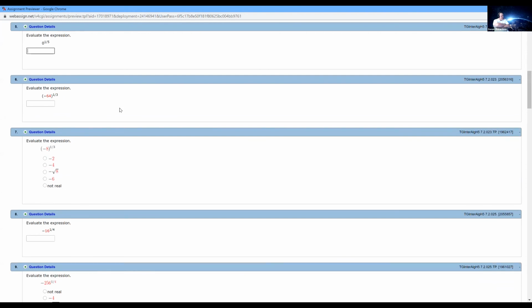0 to the power of 1/5. Well, isn't that the 5th root of 0? What's the 5th root of 0? 0. Yeah. Makes sense? What's the 5th root of 1? 1.